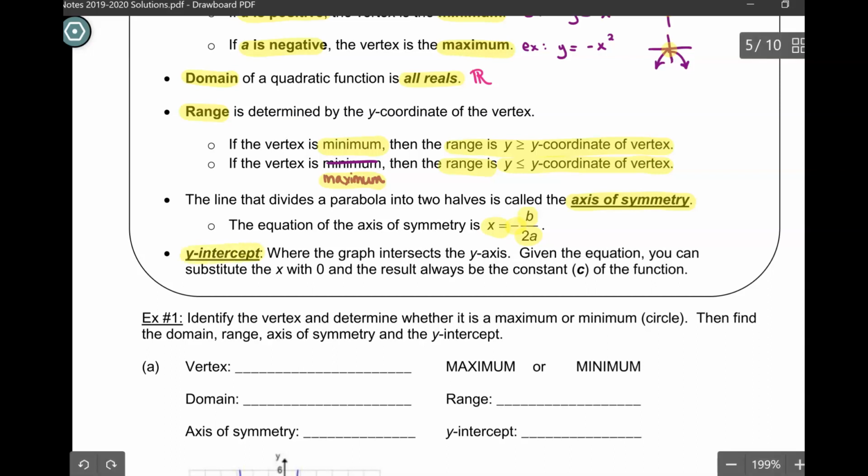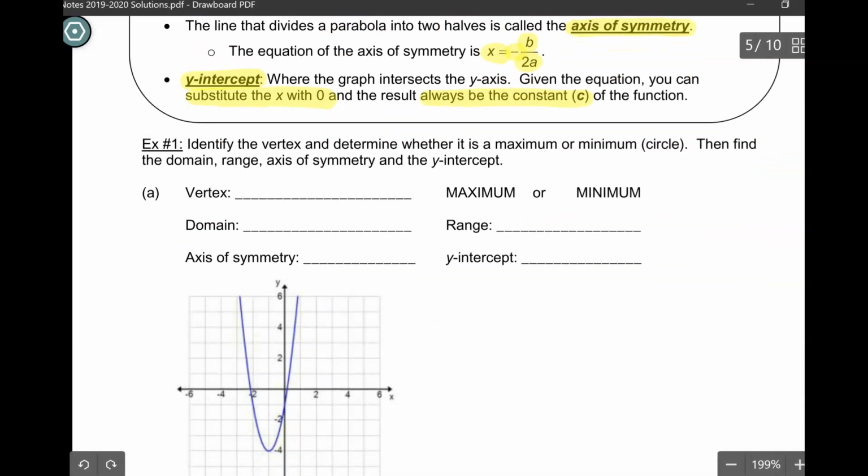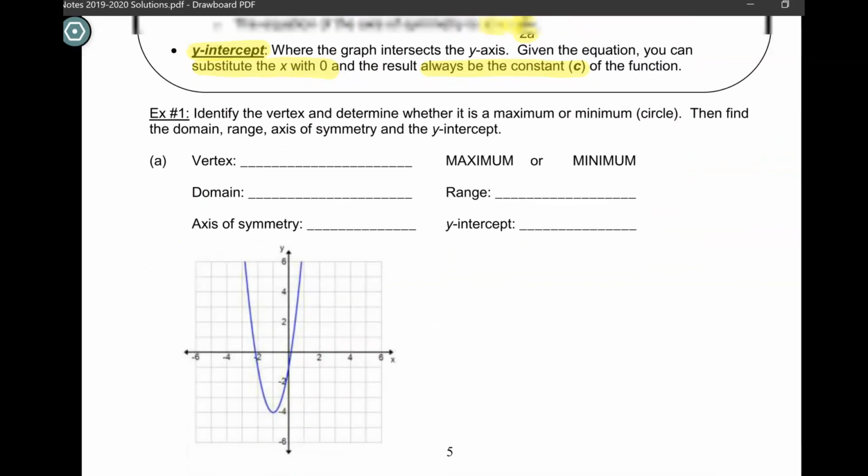And lastly, the y-intercept. We had y-intercepts when we did equations of lines. The y-intercept here is always going to be the constant, because when you substitute 0 in for x, we just get the constant. Again, I know that's a lot of information. I think it's going to be easier to understand when we go through some examples.